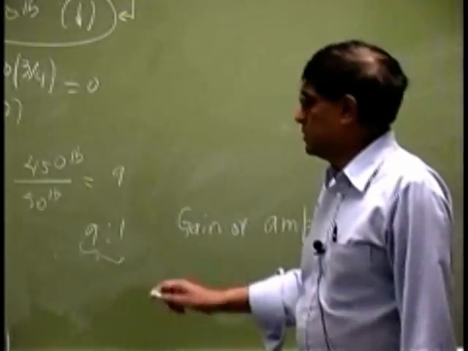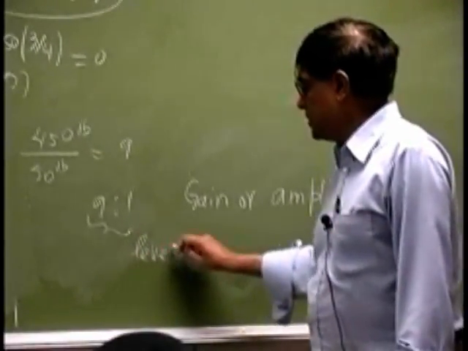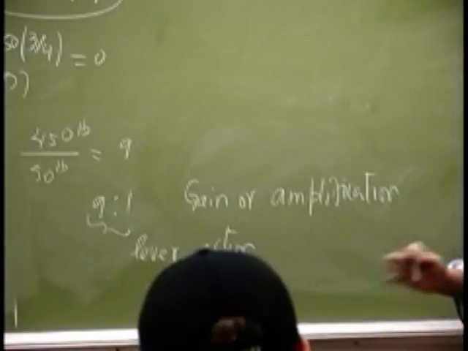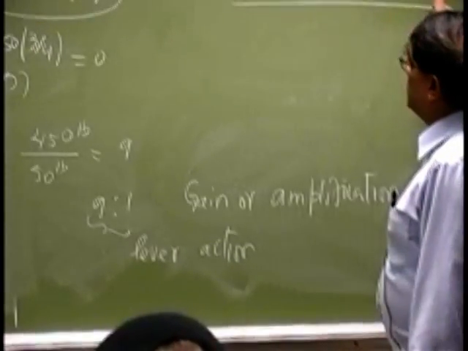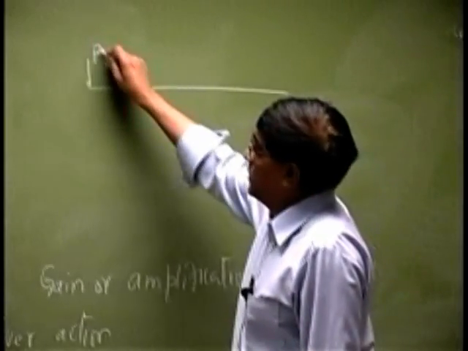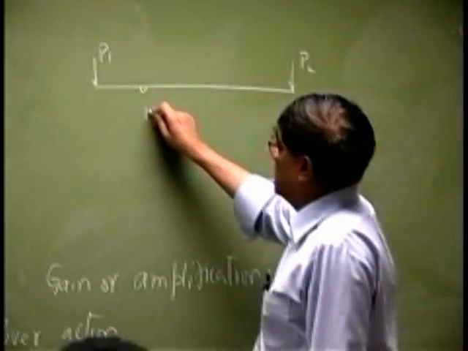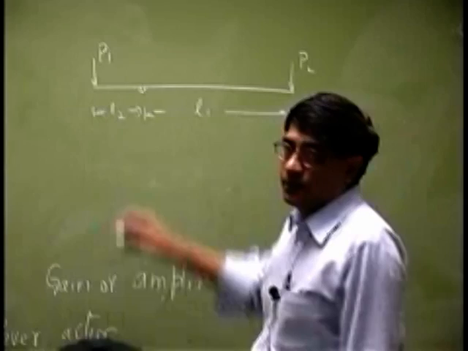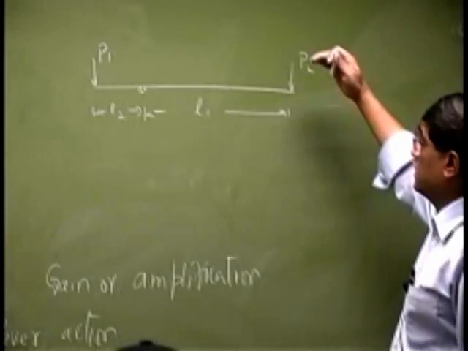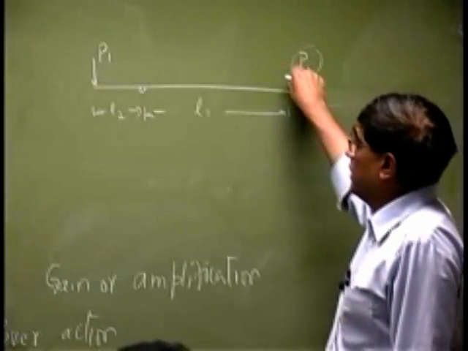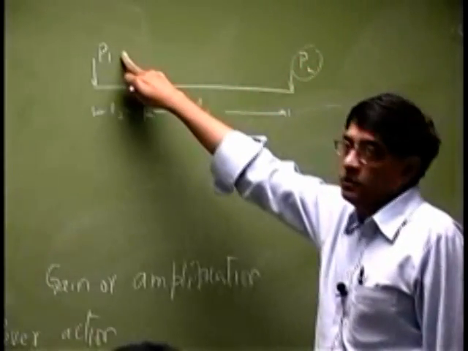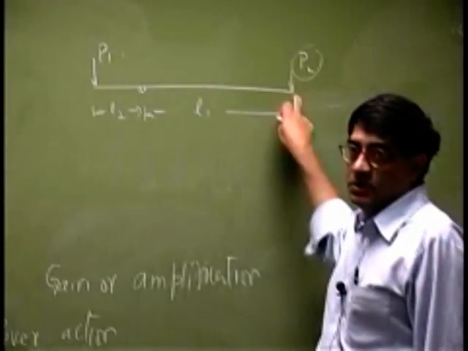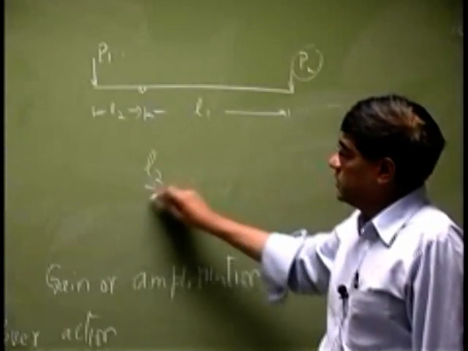And this is also a result of what we call the lever action. Maybe this problem looks very different, but it's no different than something having a force P1 here, another force P2 here, and you have, let's say, an arm of length L1, another of length L2. So your force here is going to be considerably small compared to what you have here, and the difference will be decided by the ratio of these two lengths, which means L2 over L1.